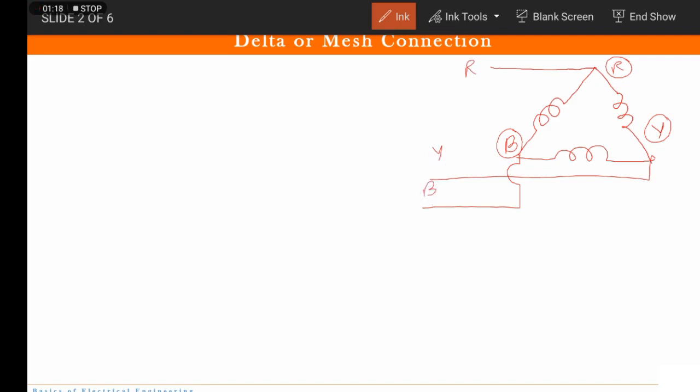So basically in delta connection, we connect the finish terminal of one phase with the start terminal of another phase. Now what is the meaning of this? Suppose we are talking about R phase. If this represents R phase, then this terminal is R1, the start terminal of R, and this is R2, the finish terminal of R. Similarly, we have Y phase.